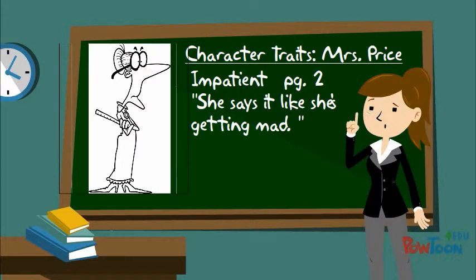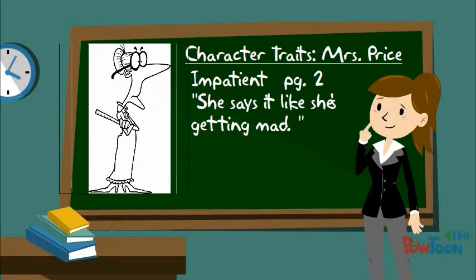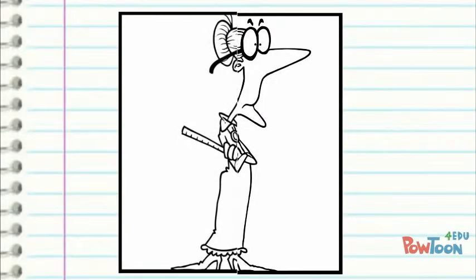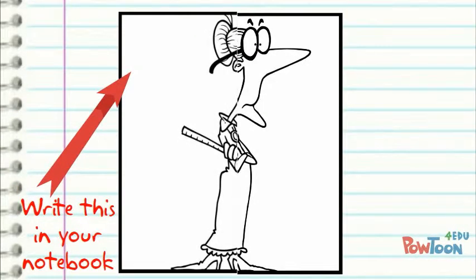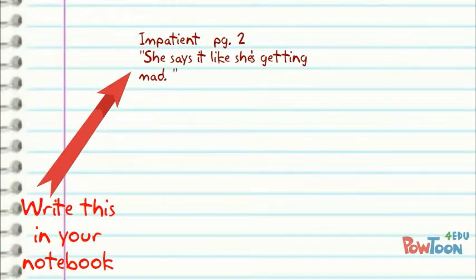That definitely describes her being impatient. In your notebooks, do the same thing for Mrs. Price that you did for Rachel. Write down my example, then look back in the story "Eleven" to find your own example of a character trait to describe Mrs. Price and write it in your notebook.